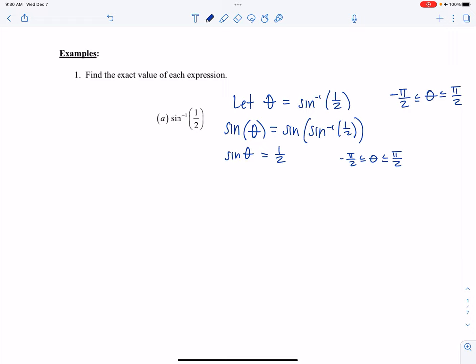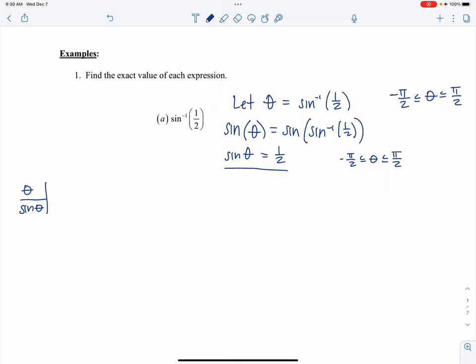So I'm going to make a table. And really, if you're working through these problems, you can make the table one time and just reference back to it each time. That's what I do. My table is going to be theta and sine theta. As I change my theta, what is sine theta telling me? I'm going between negative pi over 2 all the way to positive pi over 2, and I'm going to see the values of sine theta because we want where sine theta equals 1/2.